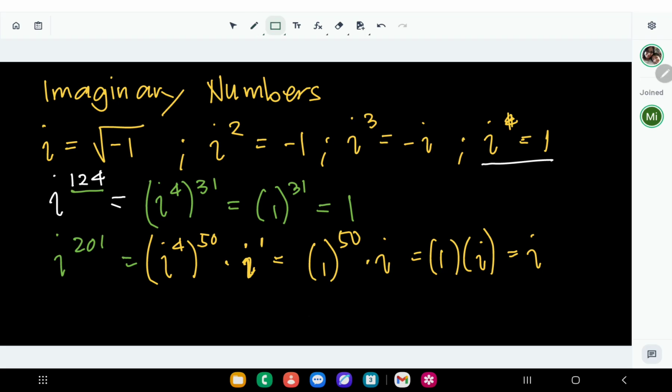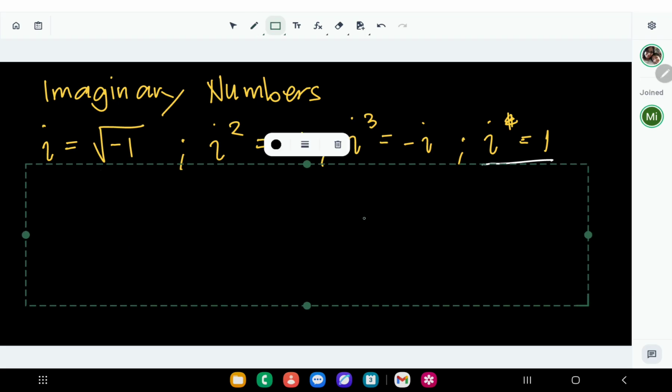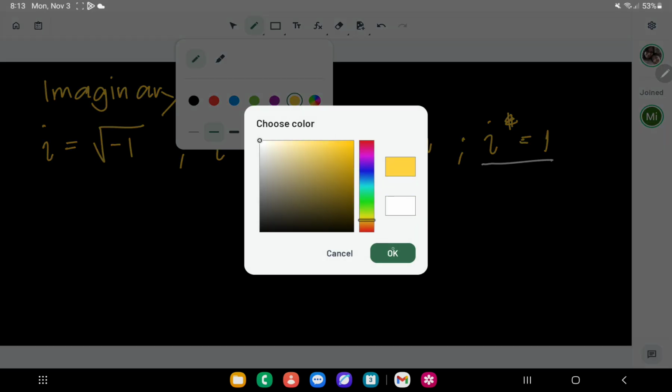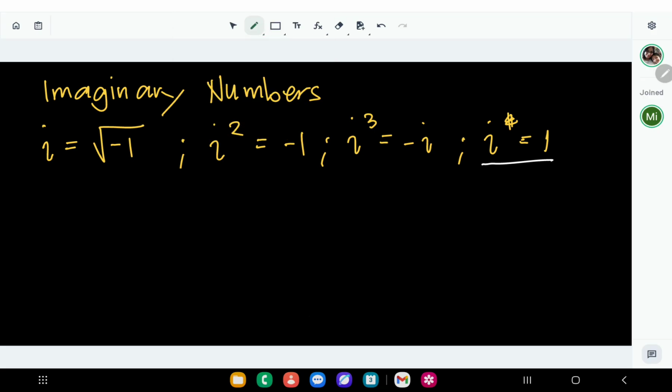Okay. You want to do more on this before we proceed with addition, operations in complex numbers? Okay, so what if I give you i to the 6, i to the 15, then i to the 62.